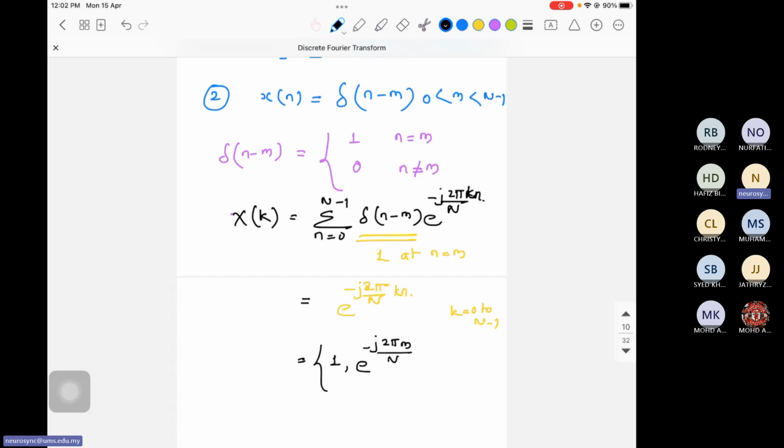Because you need to write n equal to m, because we have only one value at n equal to m. So instead of n, you will have m here. At k equal to 2, e to the power minus j 2 pi into 2m divided by capital N. So like this, you will get the values till what? Till n minus 1, that is e to the power minus j 2 pi into n minus 1 divided by n into small m.